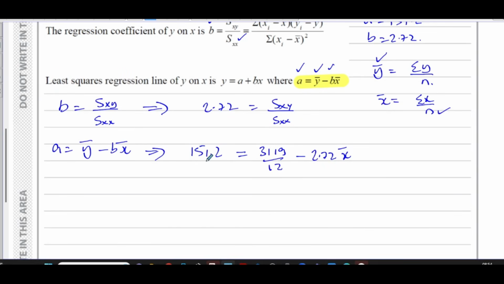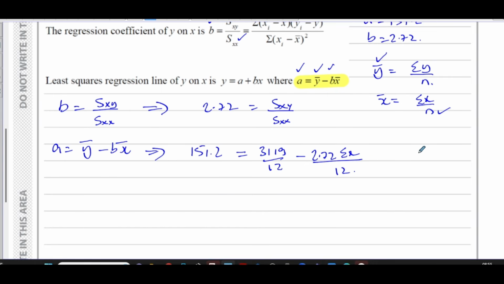All right, so if I do this, if I subtract these, 151.2 minus... in fact, I'll write this as this to make your life easier. This will make my calculation a bit easier. I'll call this the mean of x, which is what I'm looking for, the sum of x divided by n, which is 12.